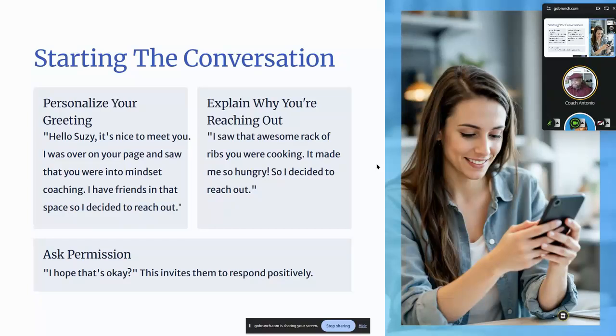I have friends in that space, so I decided to reach out." People are going to want to know immediately why you are reaching out to them. This statement, "I have friends in that space, so I decided to reach out," is going to alleviate whatever trepidation or worry they are having. This first statement brings down the crop brain. It lowers the guard that they have up.